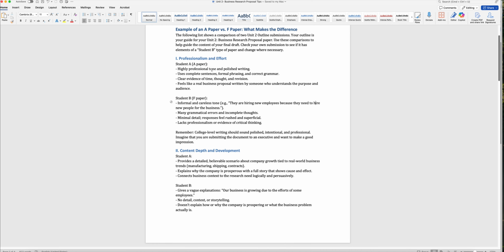Your tone is professional, your writing is polished, you have complete sentences, complete thoughts. Your phrasing is professional, and I'll show you some examples of that in a moment. You're using correct grammar, so like I said, capitalize your letters, make sure your verbs agree, all of that stuff, very good. You have clear evidence of time, thought, and revision.